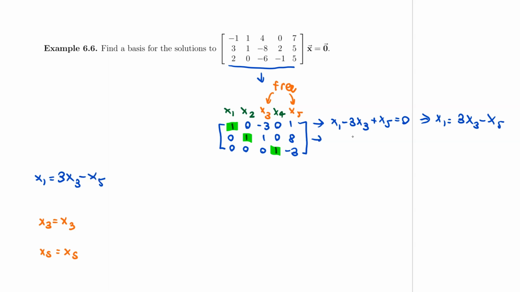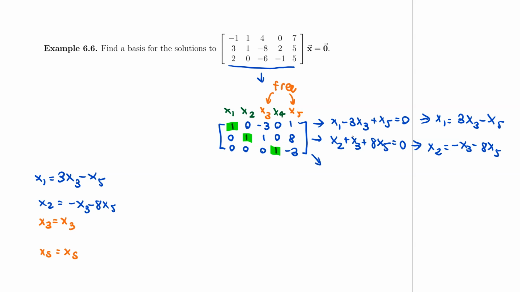And from the second row, what I have is x2 plus x3 plus 8x5 equal to 0. So what that means is my x2 is going to equal negative x3 minus 8x5.